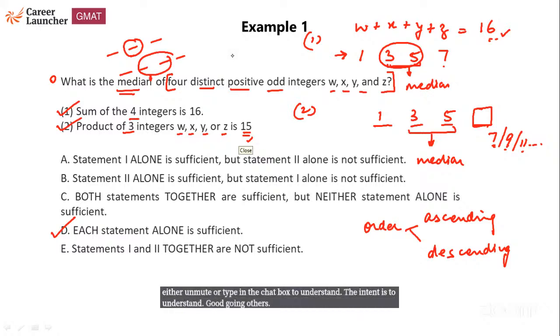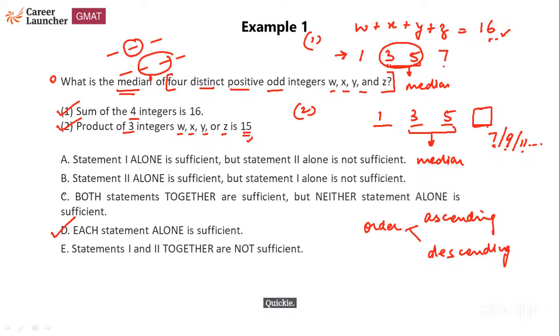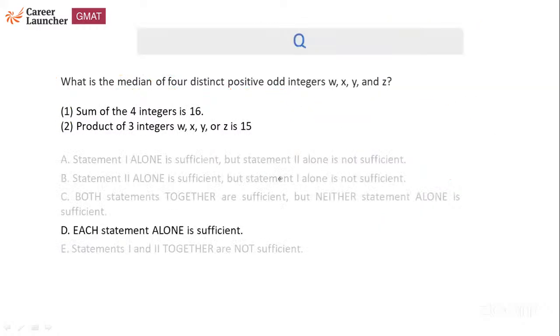Quickly. Okay. Let's see. Now understood this part. Let's see.